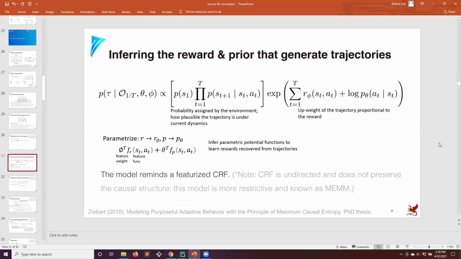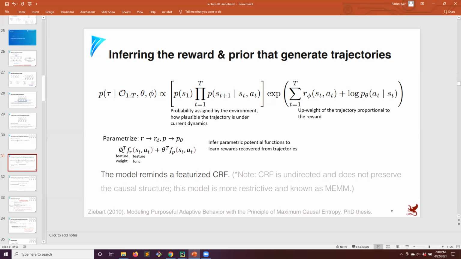In other words, trajectories that have higher rewards will have higher weights compared to the trajectories which have a lower reward.